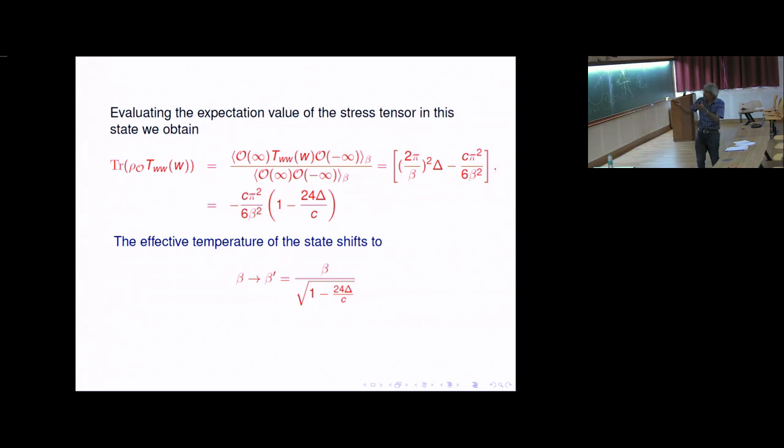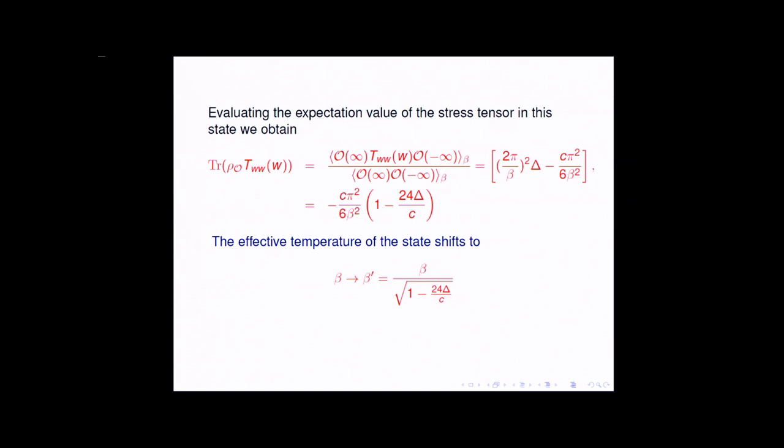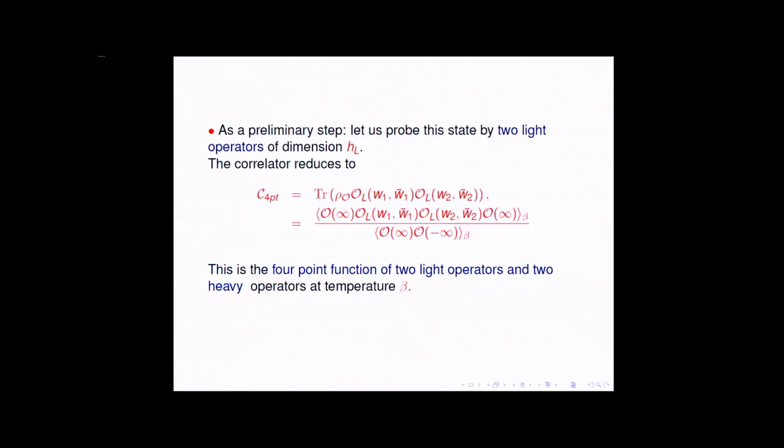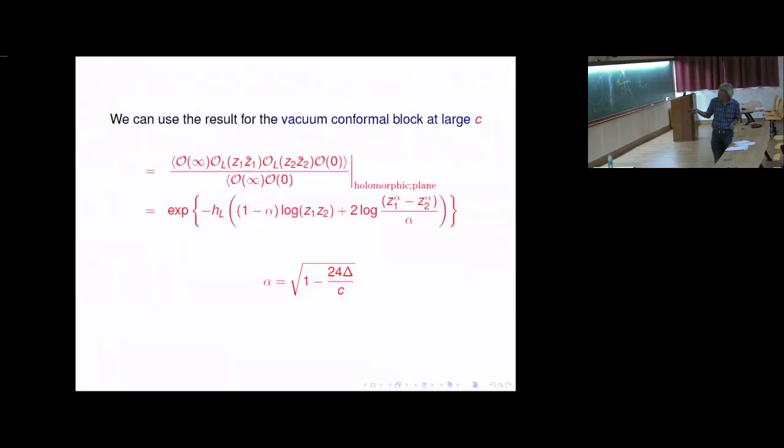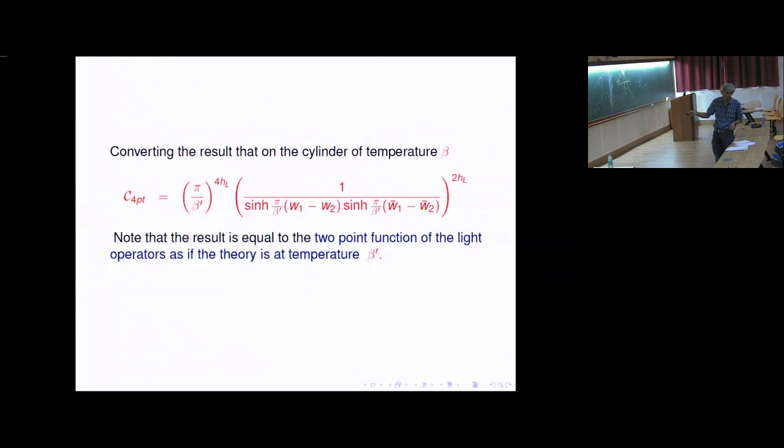But we saw this as a calculational tool. When we calculated higher point functions, it reduced to a lower point function at a different temperature. I mean, basically it shifted the vacuum's temperature. For instance, here, this is the easiest to see. We inserted these things, and then we use the conformal block, which is known, at temperature beta. But then the answer we get is for the beta prime.